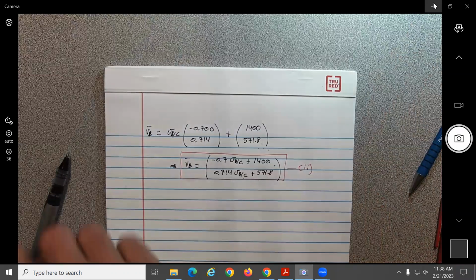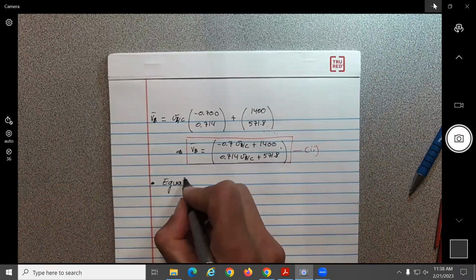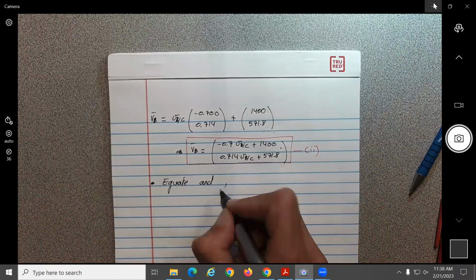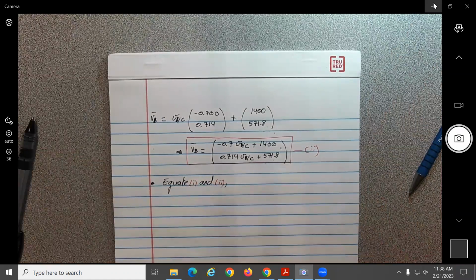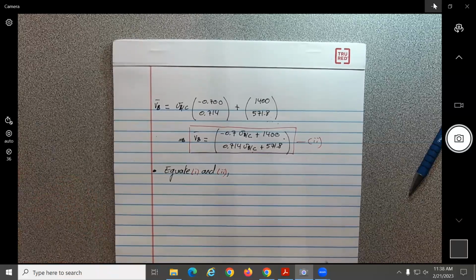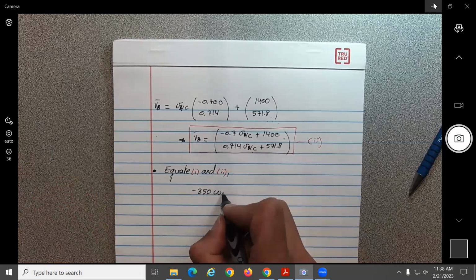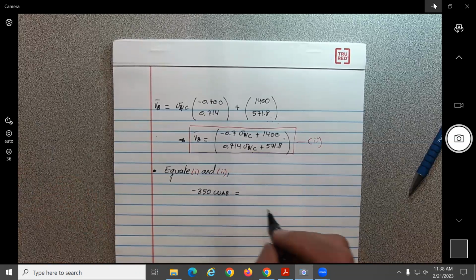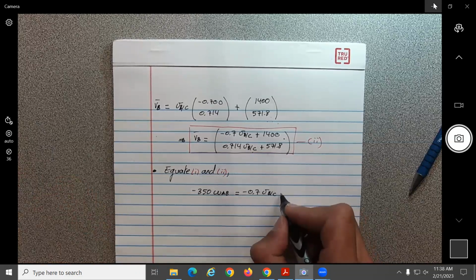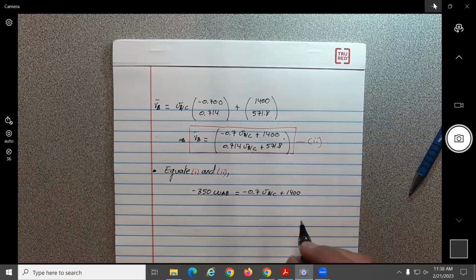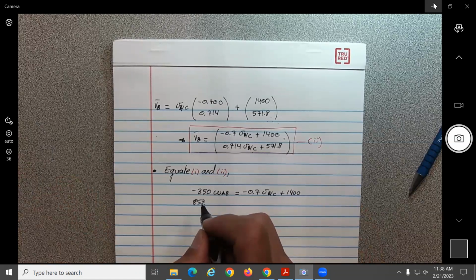You see, always the same procedure, no? What is the next step? Perfect, we equate 1 and 2. So what do we get? Negative 350 omega AB equal to negative 0.7 velocity of B with respect to C plus 1400, 857 minus.